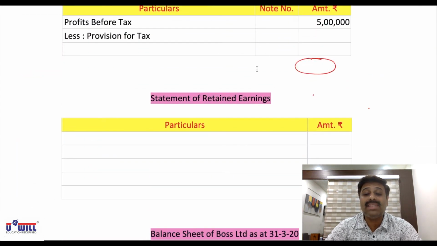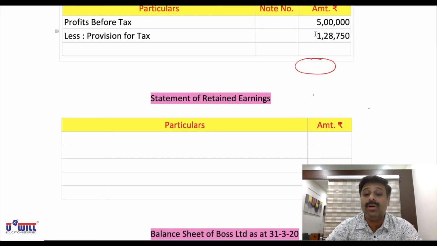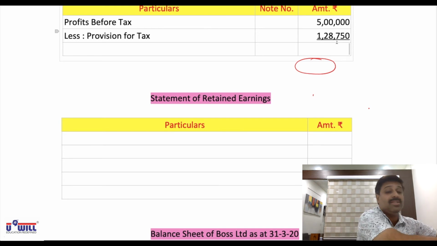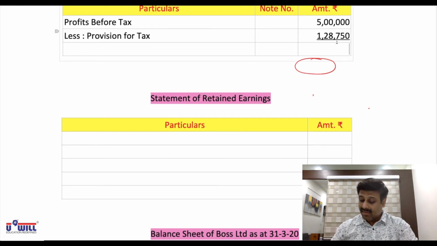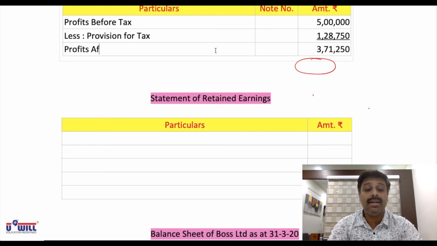So 128,750, the current year's provision for tax, we will subtract over here, and then what will be profit after tax? 5 lakhs minus 128,750 is 371,250. This will be the profit after tax of the current year.